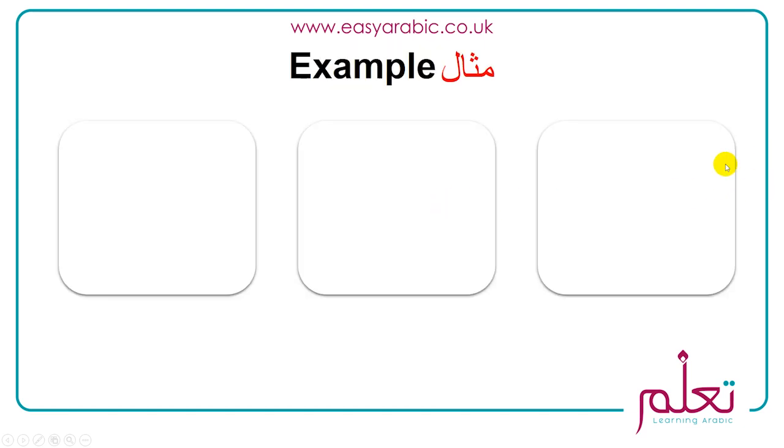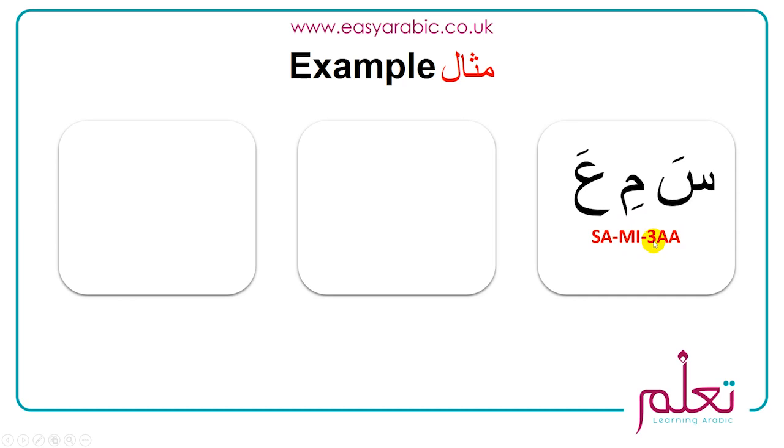So looking at the fatha and the kasra in examples. The first one is sin with the fatha, the mim with the kasra, and the ain with the fatha. So we know that will be a sa, that will be a mi, and that will be an a. So sami'a.